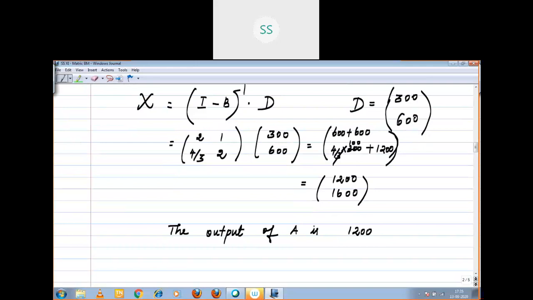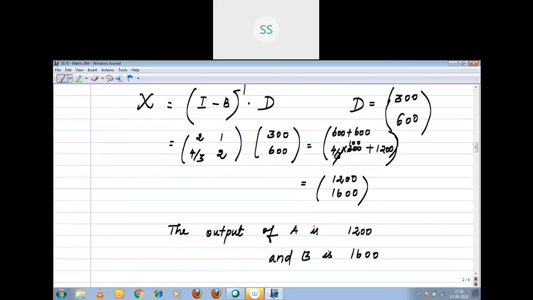The output of A is what? 1200. The output of A is 1200 and B is what? 1600. Got it, children? Did you understand what I did?